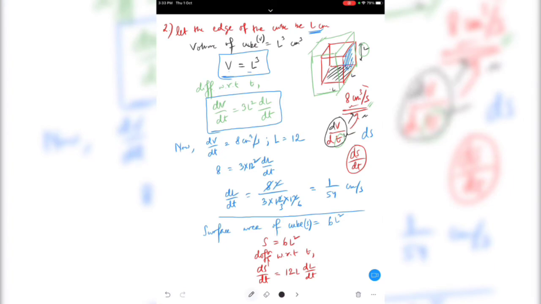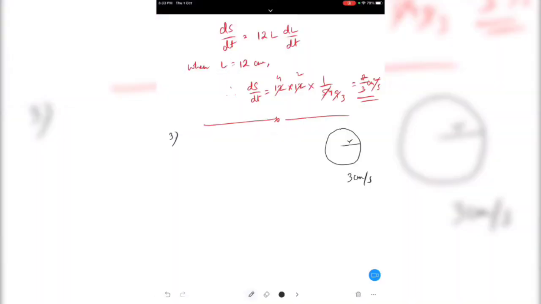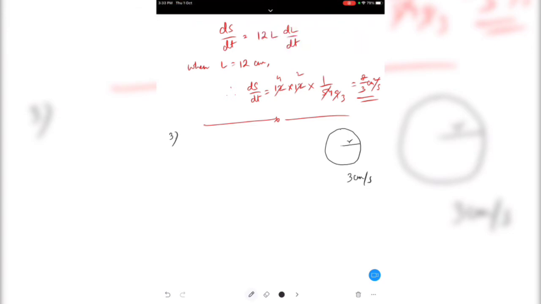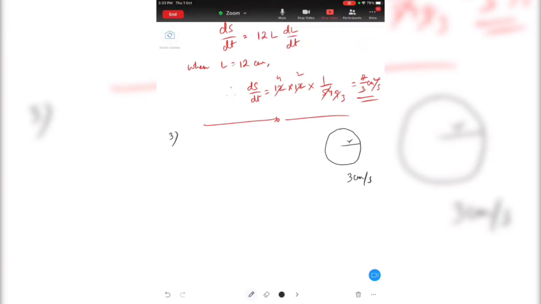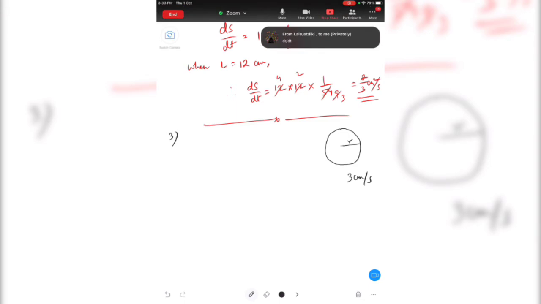So whose value is 3 centimeter per second? Come on, read the question again and tell me fast.